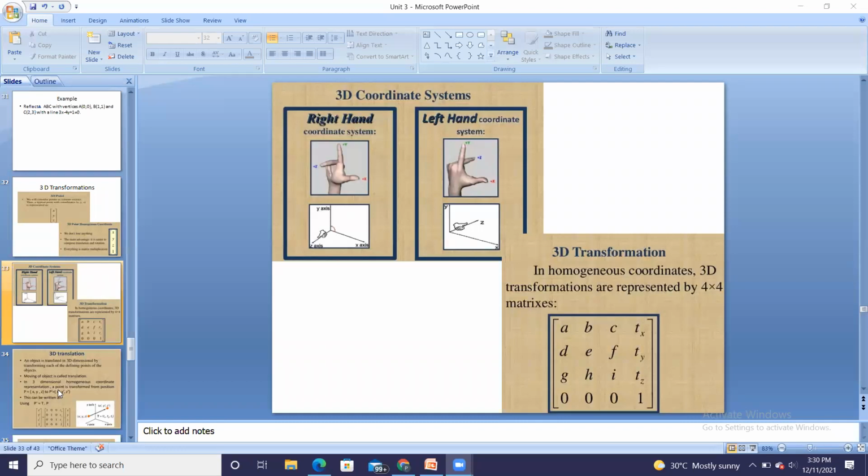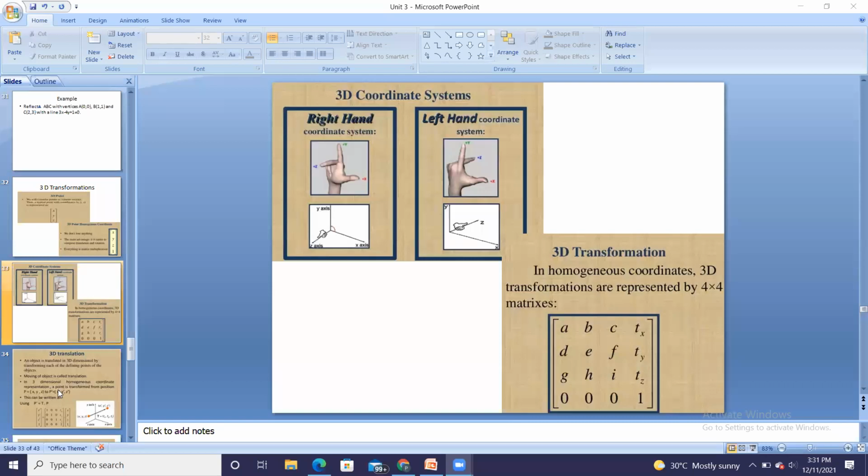In the case of the left hand, the thumb again represents the x-axis, the forefinger represents y, and the middle finger again represents z, but it is exactly the opposite representation.